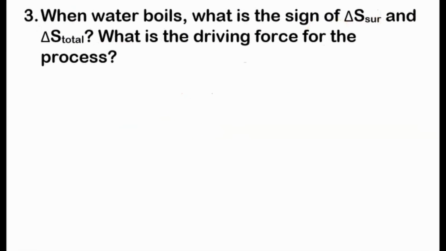Okay, now here we're getting a little bit more challenging. When water boils, what is the sign of the change in entropy of the surroundings and the change in entropy total? What is the driving force for the process? Well, when water goes from a liquid to boiling, we have more possible arrangements in the gaseous phase, more disorder, more microstates, the energy and mass are dispersed throughout a greater volume.